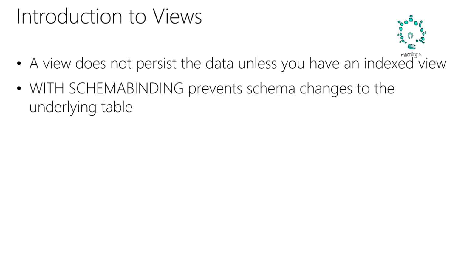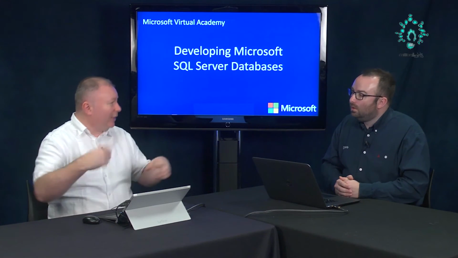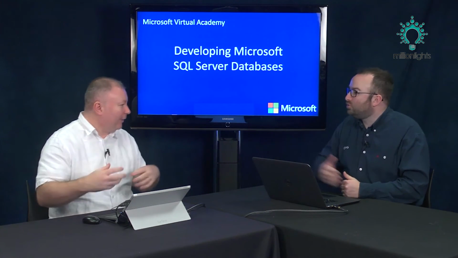So what we would do is create a view with schema binding to prevent schema changes to the underlying table from breaking the views that we're using. So it prevents changes to the definition of the underlying table. I can still add and delete data directly at the table.